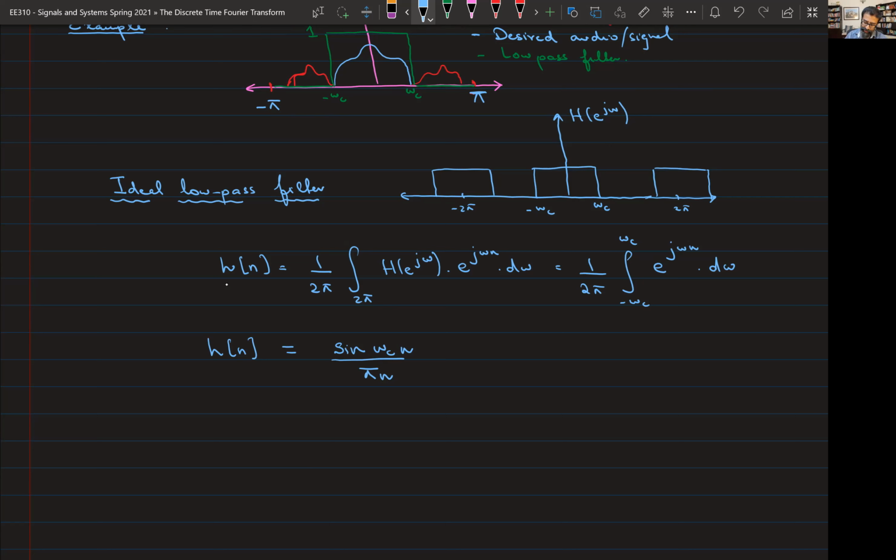Now, what does this ideal low pass filter look like? What do you think? Whose will this be? So this is n. This is a sinc pulse, right? So, I mean, we're familiar with a continuous time sinc, and this is actually a continuous time sinc, except that continuous time sinc has been sampled at integer indices, right? So, the envelope is going to be a sinc.